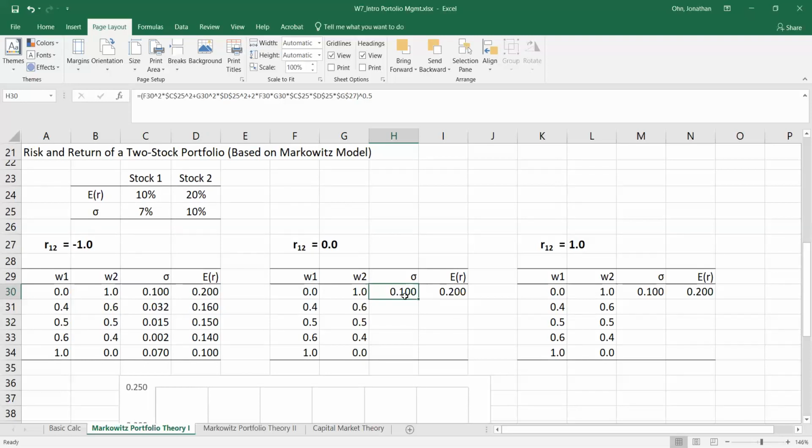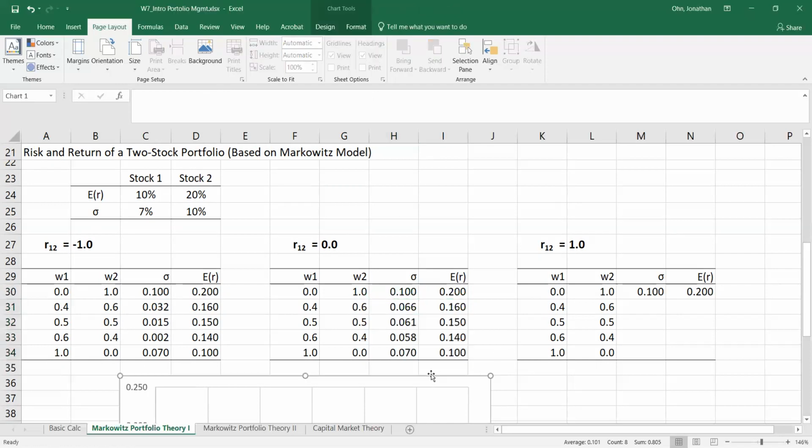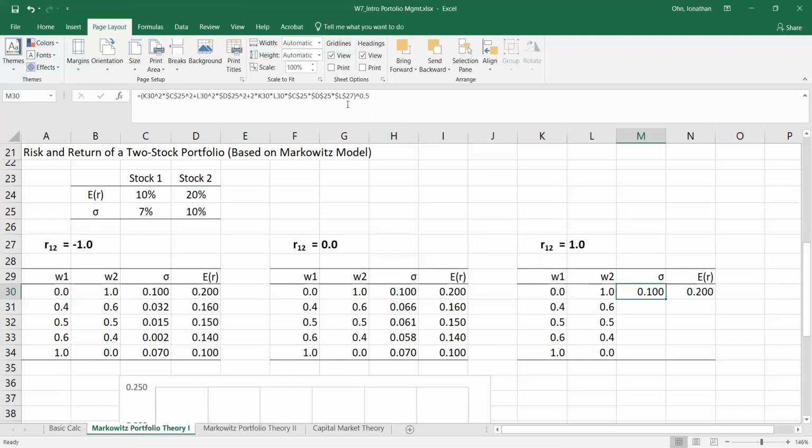Okay, so we did this one here. Okay, and this one is the same thing. So if we copy and paste, all right, that is the value. And the last one is the same thing.